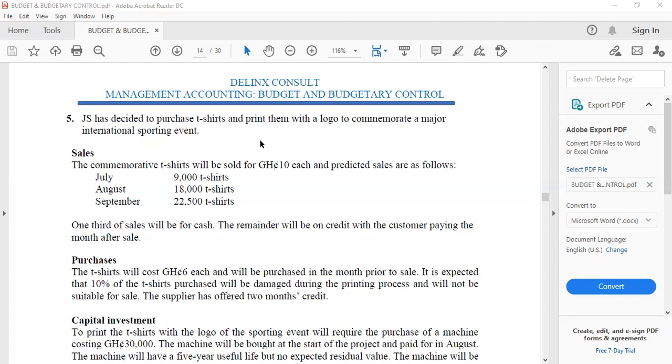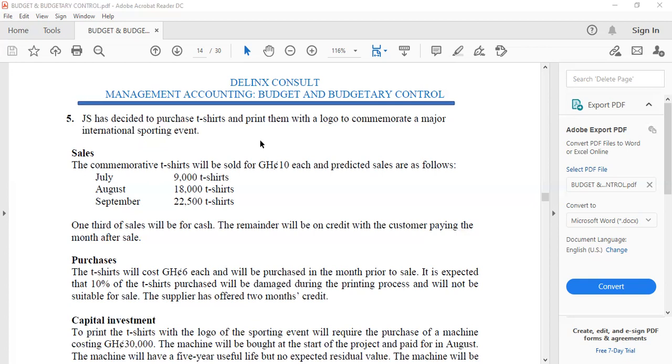One third of sales will be for cash. The remainder will be on credit, with the customer paying 1 month after, paying the month after sales. That means July will be paid in August, isn't it? Yes. Okay, let's move on.